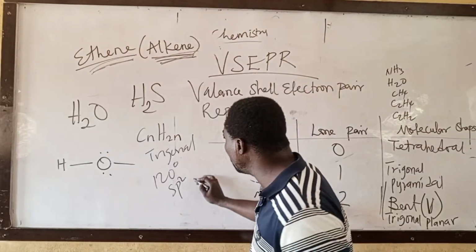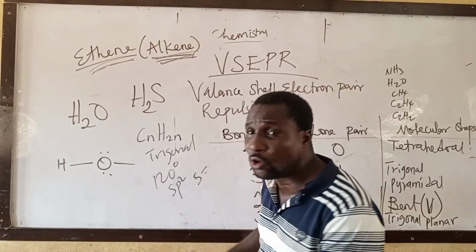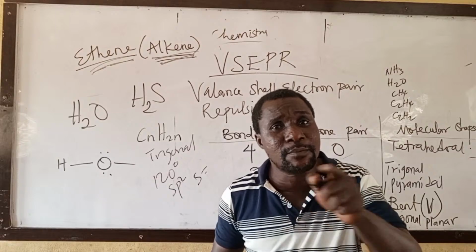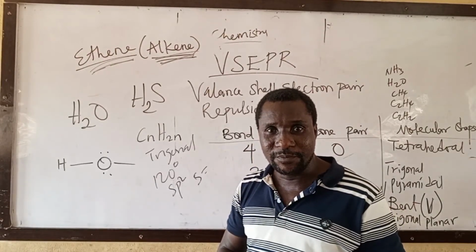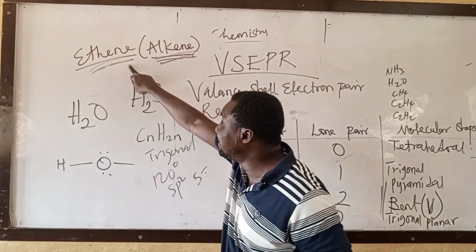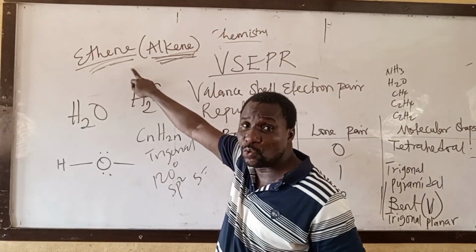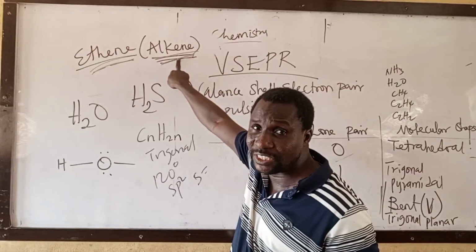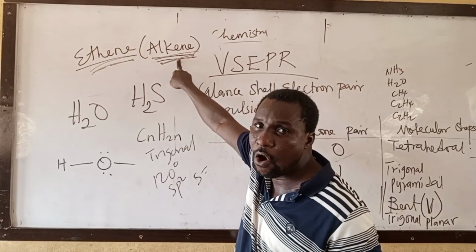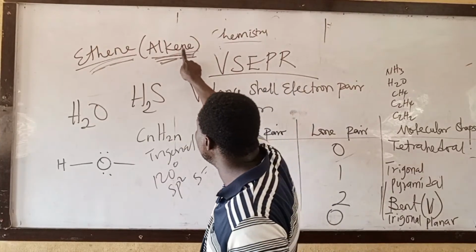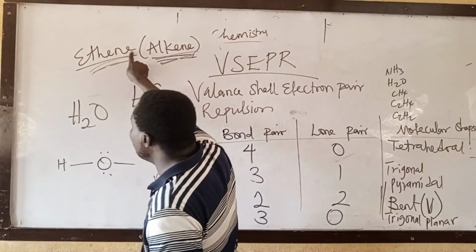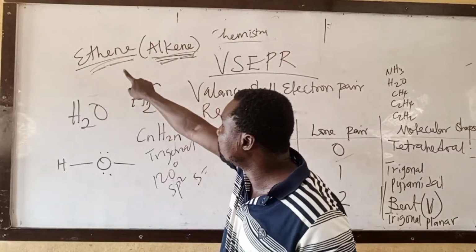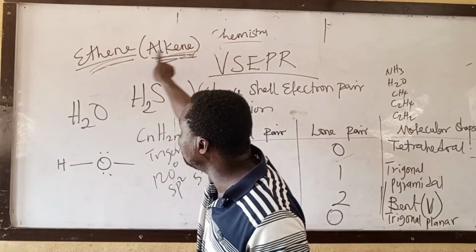It is known as a double bond hydrocarbon. It has sigma bond and pi bond electrons. Don't worry, but you just need to know ethene is the first member of this homologous series. The surname is Ene.